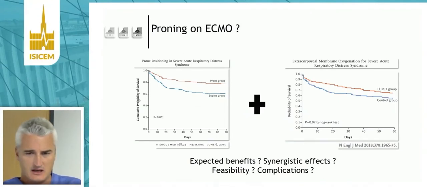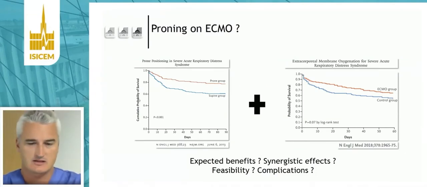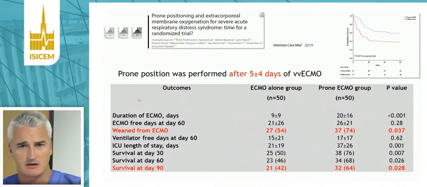which are interesting and which might be useful to enhance lung protection and to try to decrease ventilator-induced lung injury. So we know the benefit of proning to prevent ventilator-induced lung injuries. So what about proning on ECMO? It might be an interesting way to enhance lung protection.